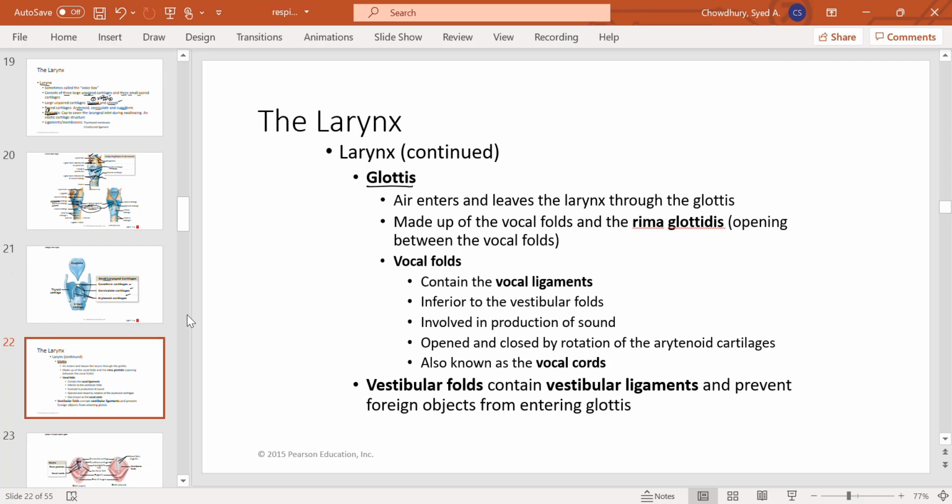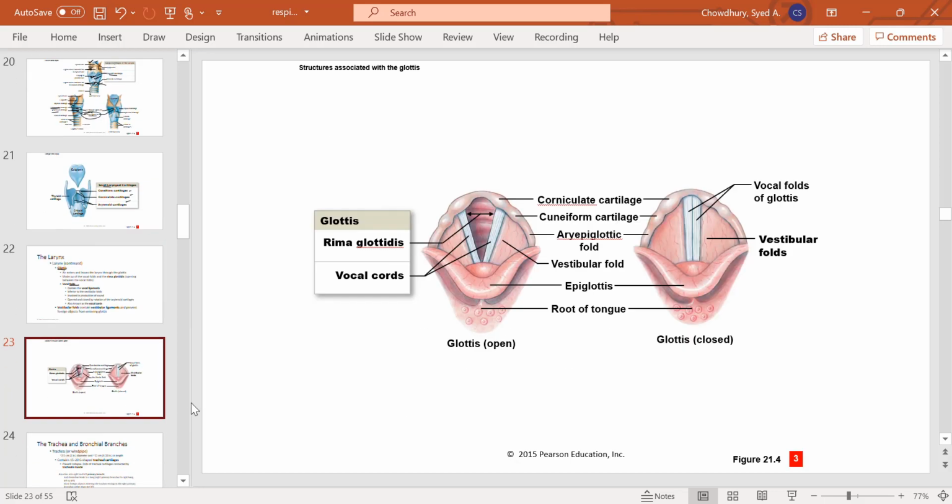Glottis is the opening between the two vocal folds, and the size of that opening or space between the vocal folds changes when you make sound. So here you see, if you look from the top, this is the glottis, the opening between the vocal folds. Okay, so these white structures are the vocal folds or vocal cords, and the space between them is the glottis.